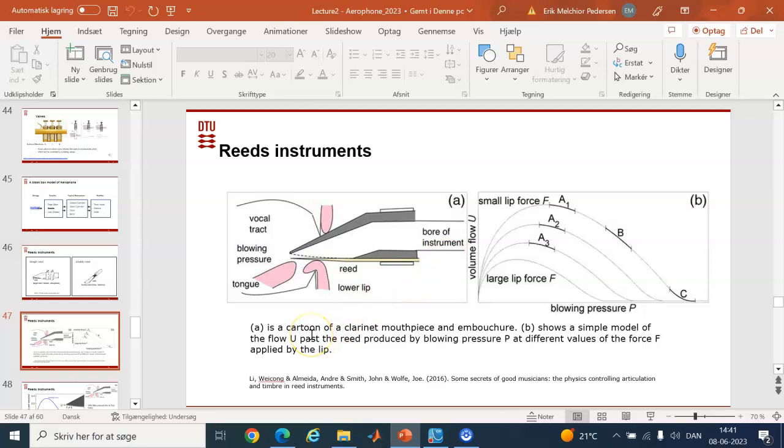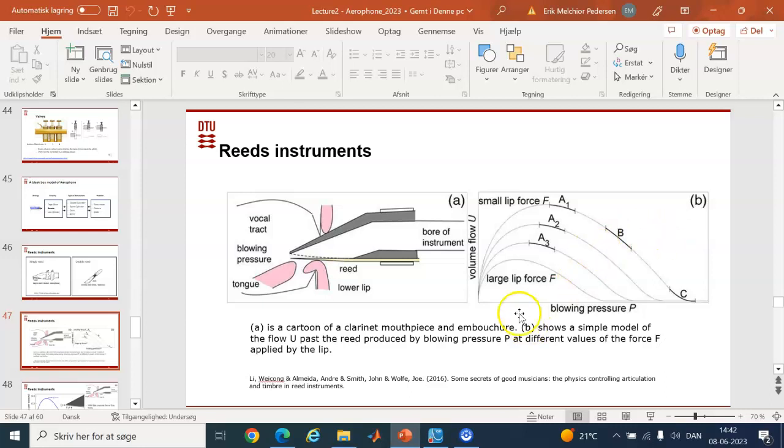A is a cartoon of a clarinet mouthpiece and embouchure. B shows a simple model of the flow U, a volume flow U past the reed produced by blowing pressure P at different values of the force F applied to the lips.